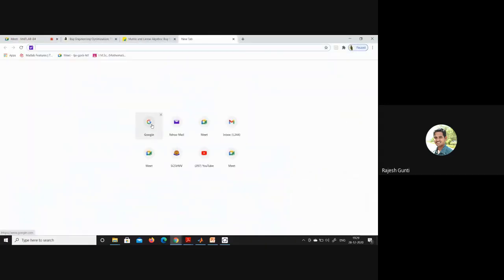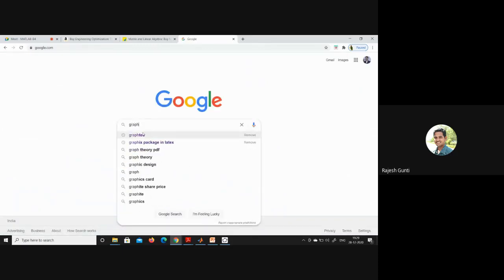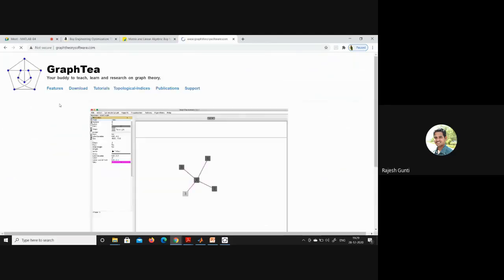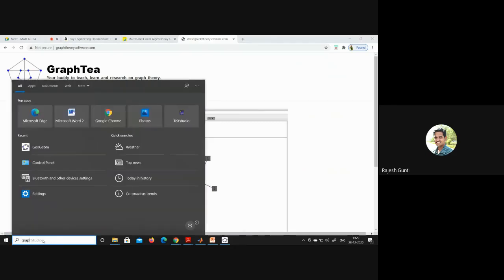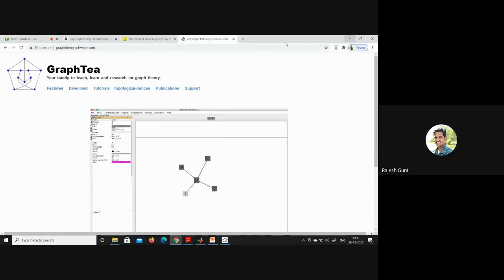These are very nice software to draw diagrams. This is a free download, and GeoGebra is also free. If you download this software, we can easily draw the diagrams.